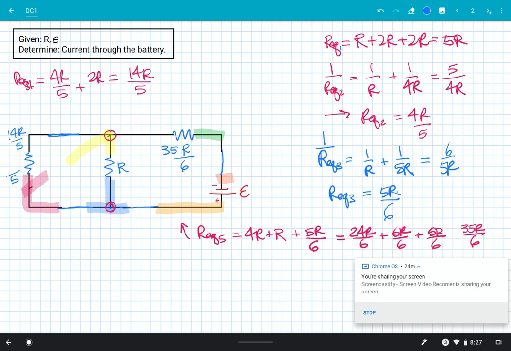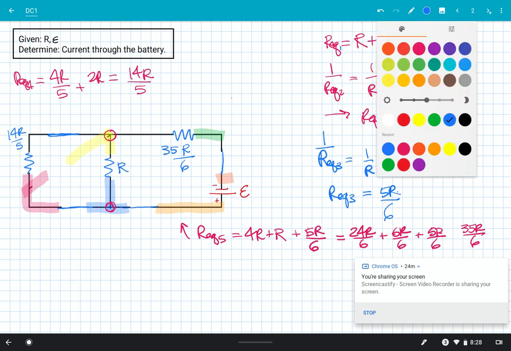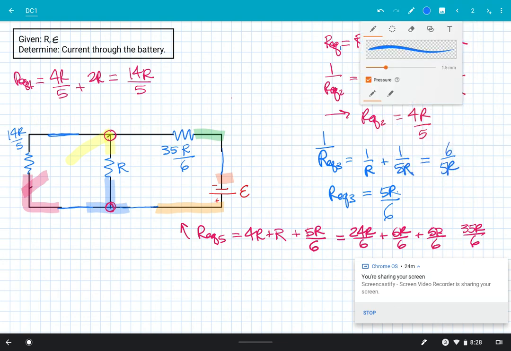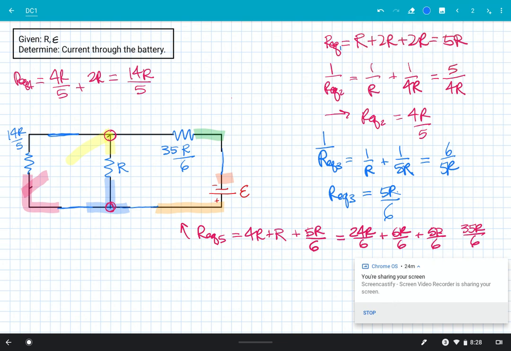I'll get rid of this. Okay, so now I have my 14R over 5 and my R. These two here are in parallel. I can see my highlighting colors have now changed. I don't have these anymore, so I'll get rid of the different colors down here. And that's what happens as you simplify, some of your highlighting colors can change a little bit.